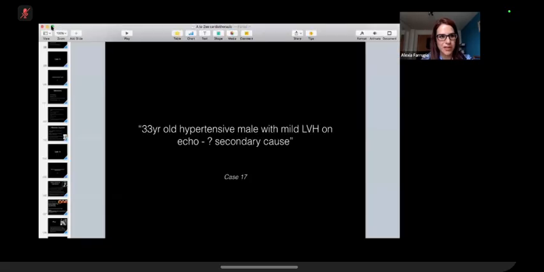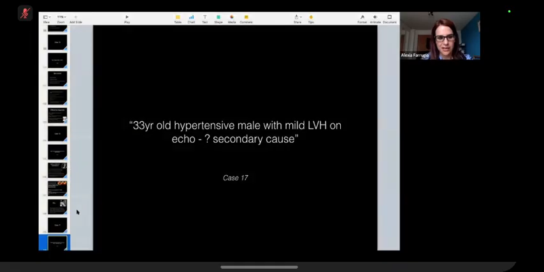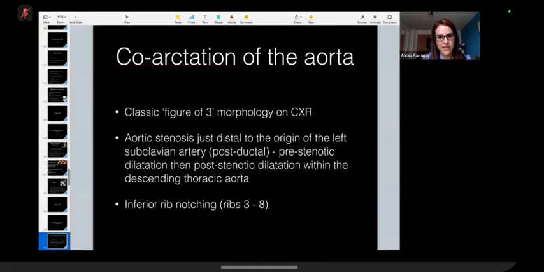Okay, so coarctation of the aorta, you would see the classic figure of 3 morphology on chest X-ray. And the aortic stenotic segment typically occurs just distal to the origin of the left subclavian artery, as you outlined. So most of them are postductal.